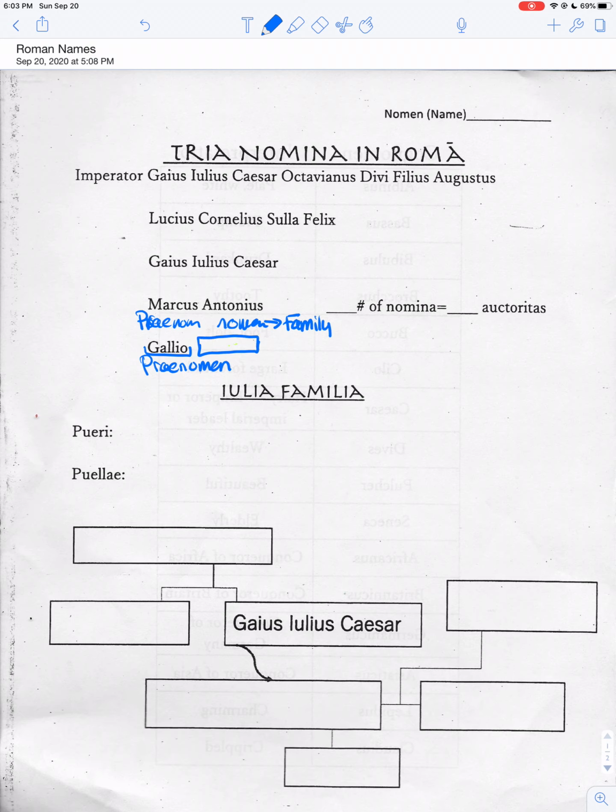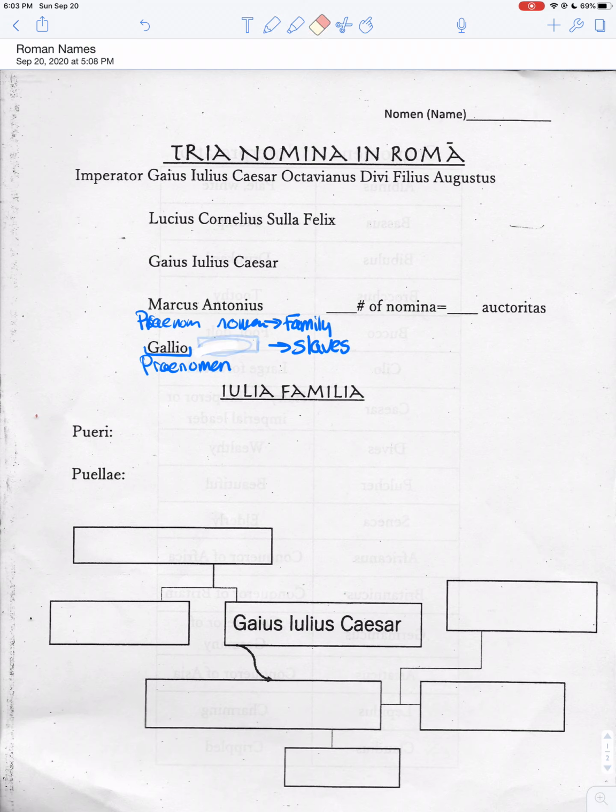So what do you think he was in Rome? Who did not have families? Because legally they were property. Slaves. So slaves did not typically have family names when you refer to them. On legal documents, their family name might be the family who owns them.